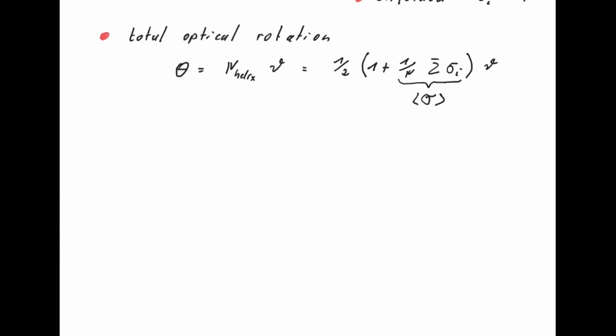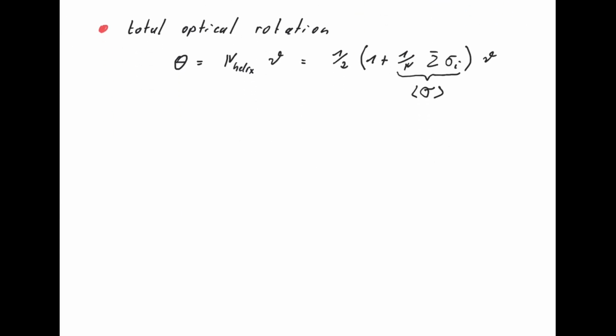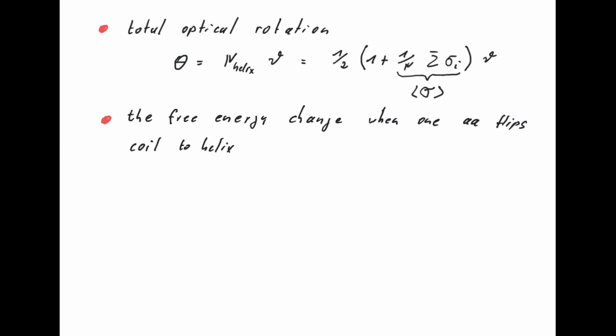Now the next step: we would like to develop a stat-mech model to understand the experimental findings. For that, we develop a model for the change in the free energy on adding one amino acid to a helical structure.